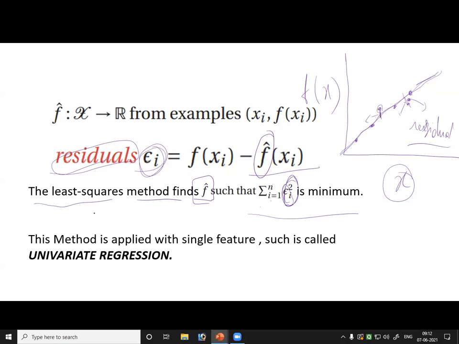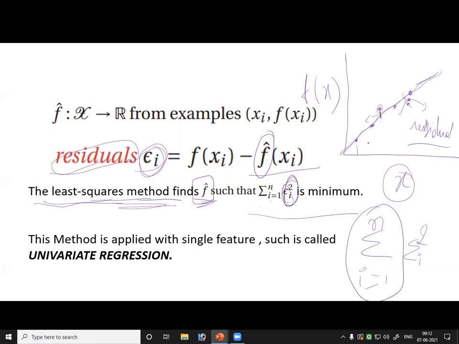Now the least squares method finds f hat such that the sum over i equals 1 to n, for all points, of epsilon i whole square is minimum.